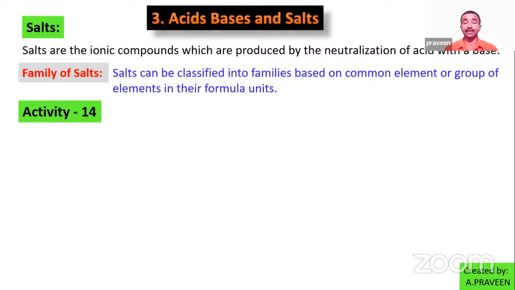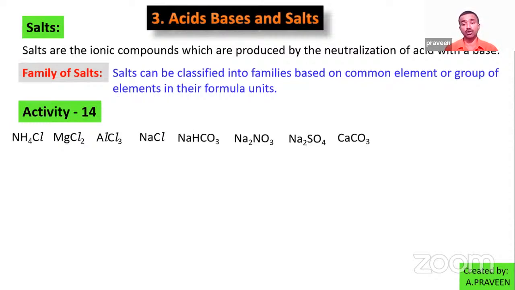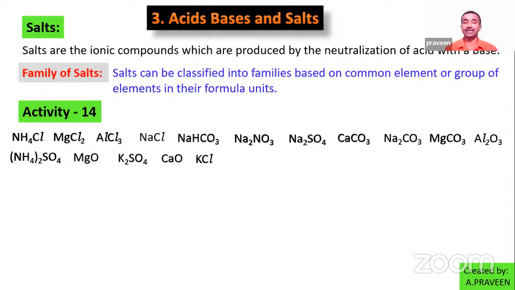So here I am writing ammonium chloride, magnesium chloride, sodium chloride, sodium bicarbonate, sodium carbonate, sodium sulfate, calcium carbonate, magnesium carbonate, aluminum oxide, ammonium sulfate, magnesium oxide, potassium sulfate, calcium oxide, KCl.